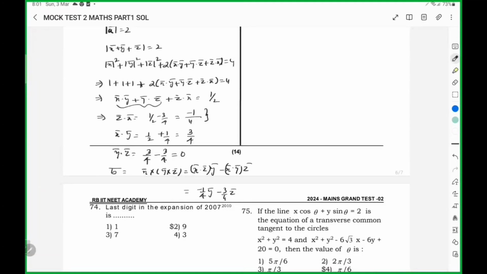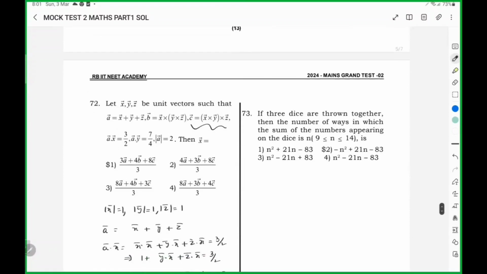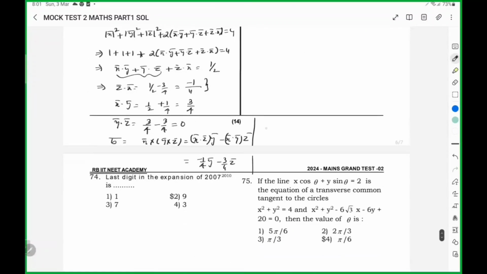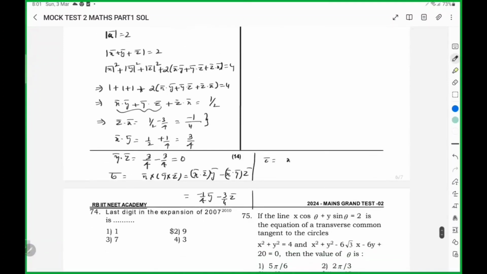Now another relation he has given, C̄. C̄ is given as x̄ cross ȳ cross z̄, that is (x·z)y minus (y·z)x. So x·z is minus 1/4 y, y·z is 0.